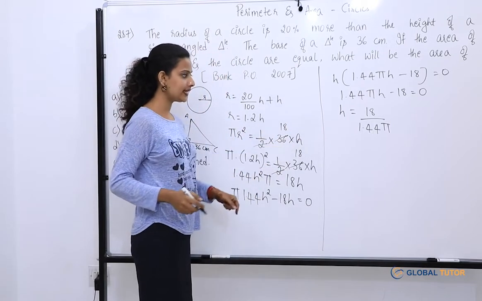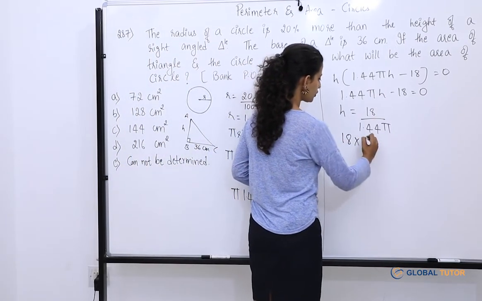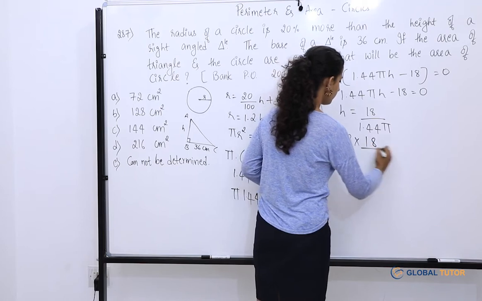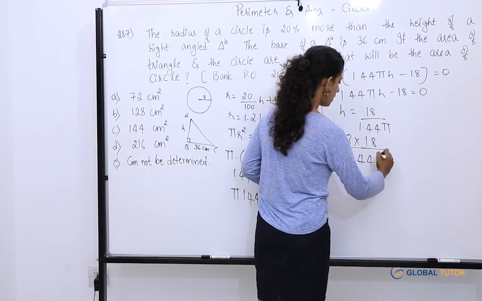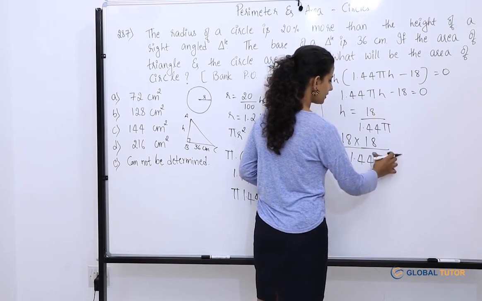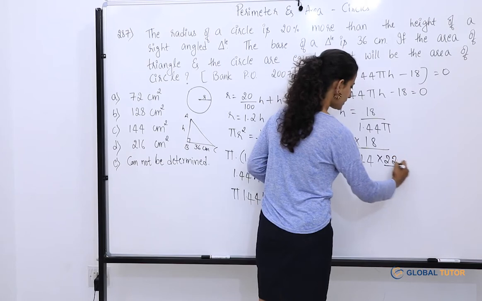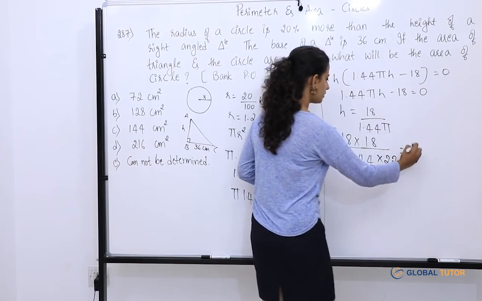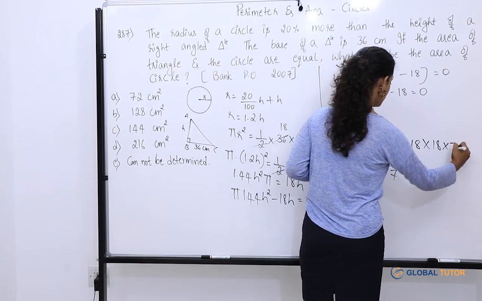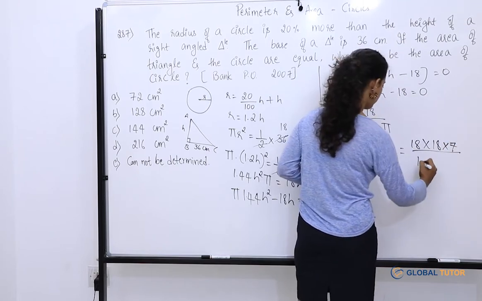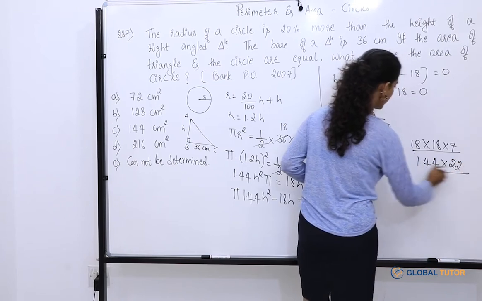So this is 18h, right? So 18 into h is 18 divided by 1.44 pi, and pi I can write it as 22 by 7. So this in turn can be written as 18 into 18 into 7 divided by 1.44 into 22.